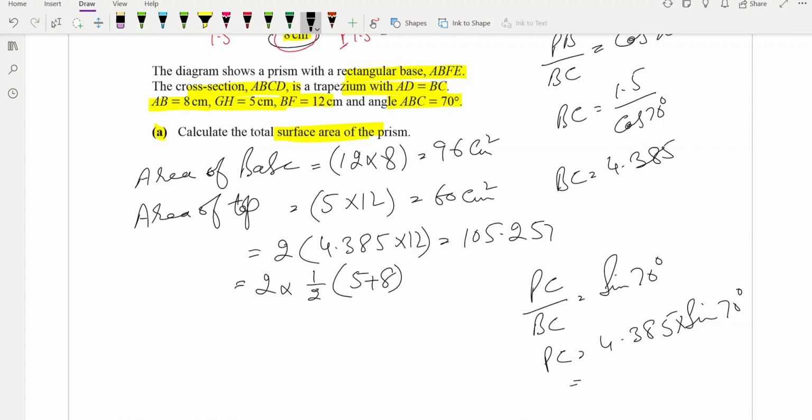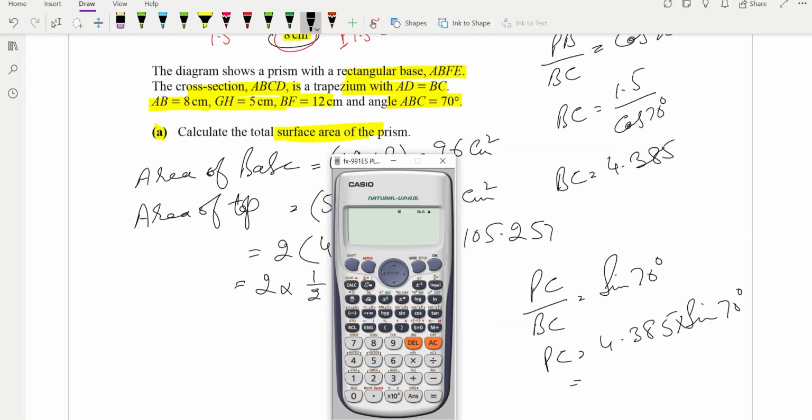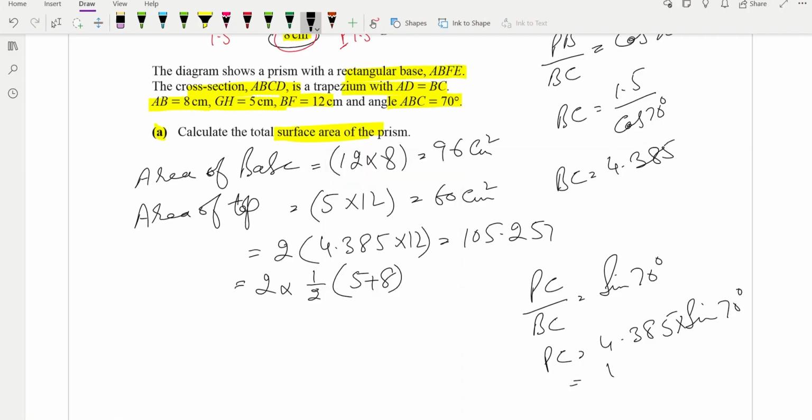So PC will be equal to 4.385 multiplied by sine of 70 degrees, and this will be equal to 4.120.